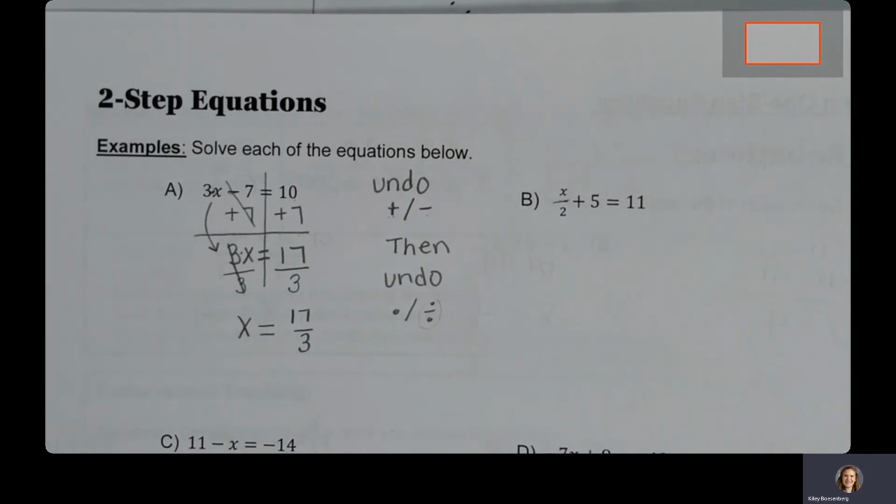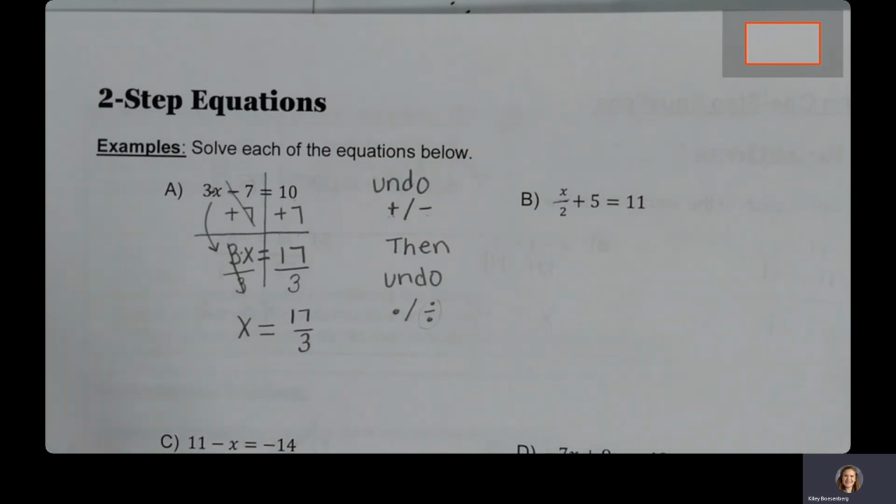We definitely don't want decimals. So that 17 over 3 is perfectly acceptable. You don't have to get pretty numbers, and you certainly don't have to change them into a decimal unless it comes out really nice. This one doesn't. All right, let's try that process again. So our final answer is 17 over 3.